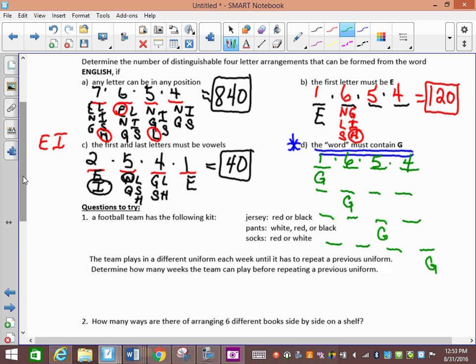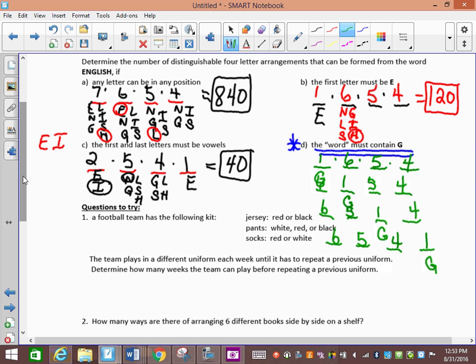Does it change the outcome if I'm making it in the second spot, the third spot, or the fourth spot? No. So what I could do is go, okay, 1, 6, 5, 4, 1, 6, 5, 4, 1, 6, 5, 4, and then add this plus this plus this plus this, because with cases you add.